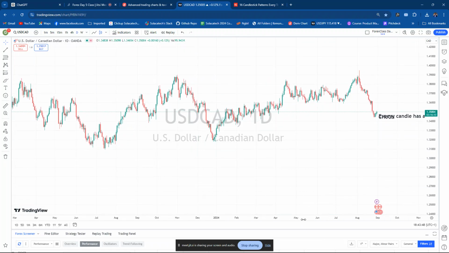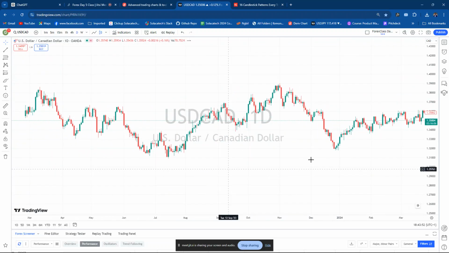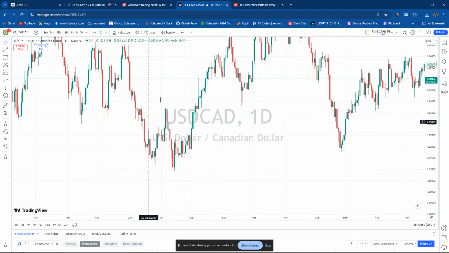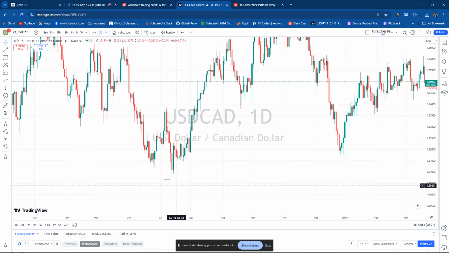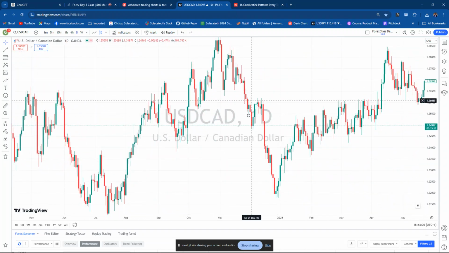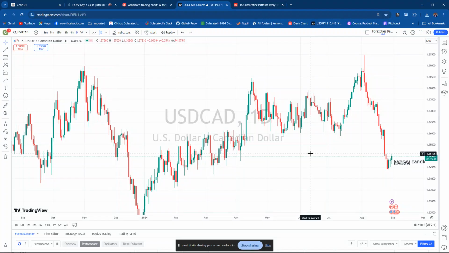So here, the engulfing candle shows reverse direction too, or shows continuity. It also shows continuity. Let me show you the rules, how it applies on the charts, so you get to see.